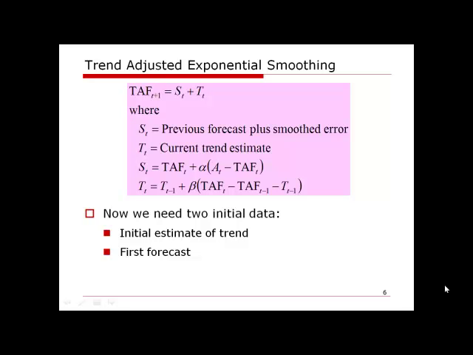If we take a look at the formula of trend-adjusted exponential smoothing, we can see it includes two parts, S and T. S is a part that is calculated similar to the exponential smoothing. In the trend-adjusted exponential smoothing, we have an extra part which is the T. This is the part where we estimate the trend.